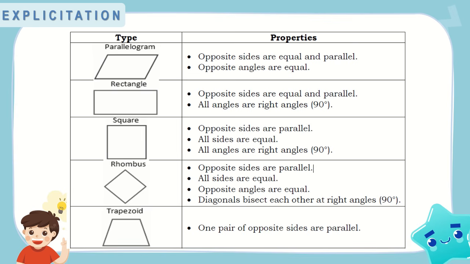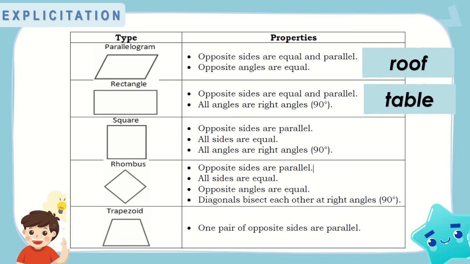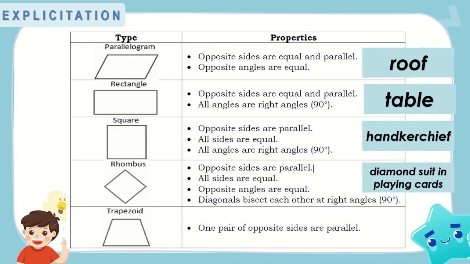For the type, we have parallelogram, rectangle, square, rhombus, and trapezoid. Here are the possible answers. For parallelogram, we have roof, rectangle, table, square, handkerchief, rhombus, diamond suit in playing cards. For trapezoid, wings of airplane.